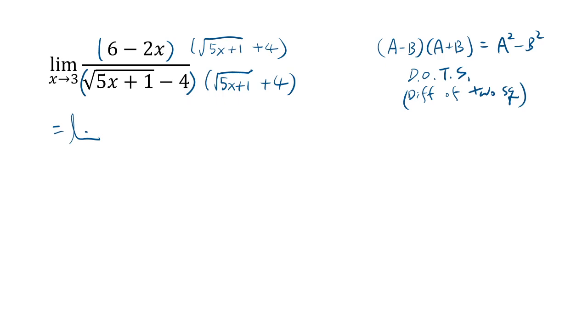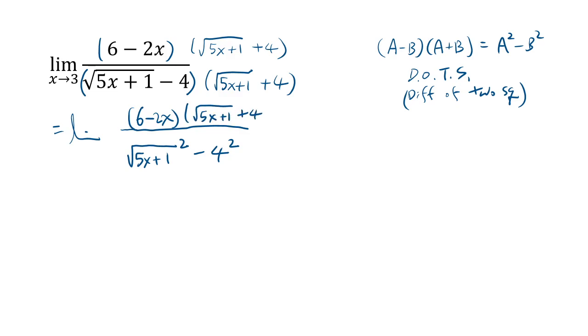The difference of two squares applied here makes the denominator become 5x plus 1 squared minus 4 squared. And now you see why you would want to multiply by the conjugate. That's because when you square a square root, they cancel. So that's beautiful, right? On the other hand, the top one, you don't want to multiply. If you multiply this, it only gets more complicated and confusing. You just want to leave it like that, okay?